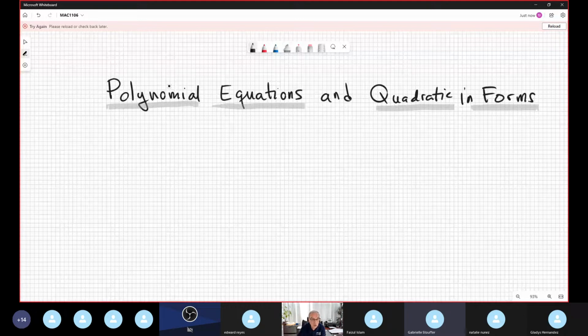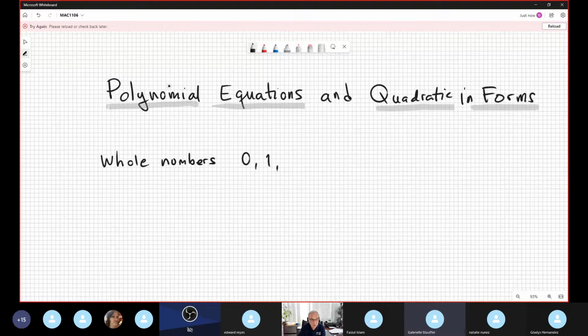Well, a polynomial is a collection of monomials, and in a monomial we have whole number exponents. What are whole numbers? 0, 1, 2, 3, 4, 5.